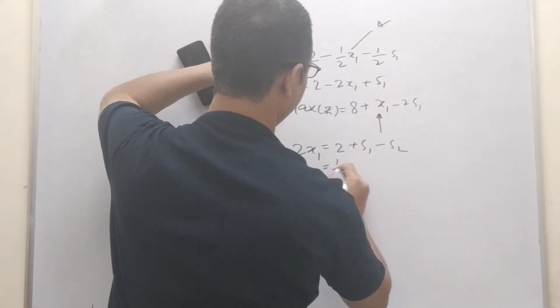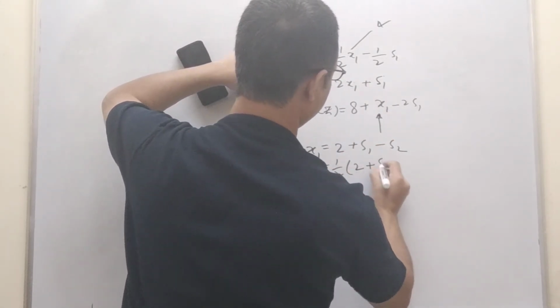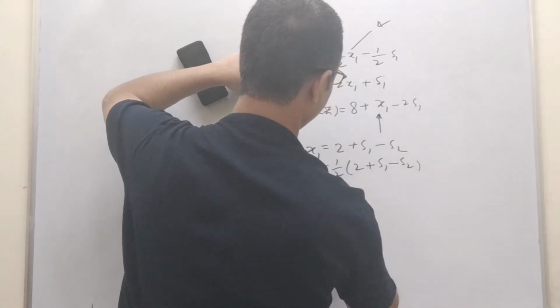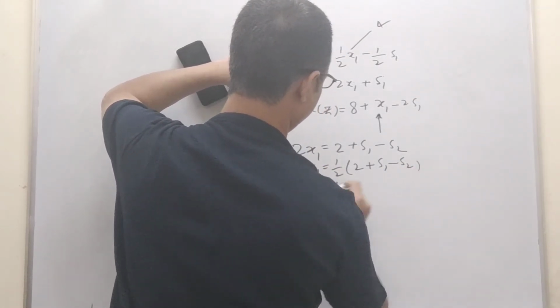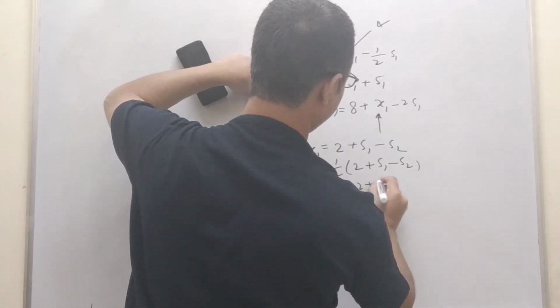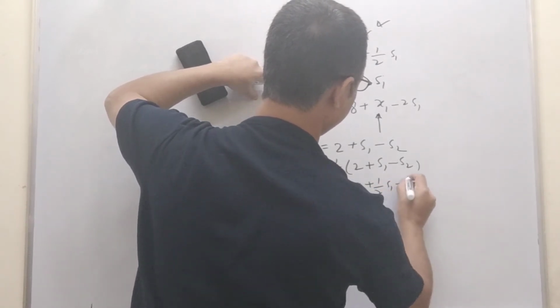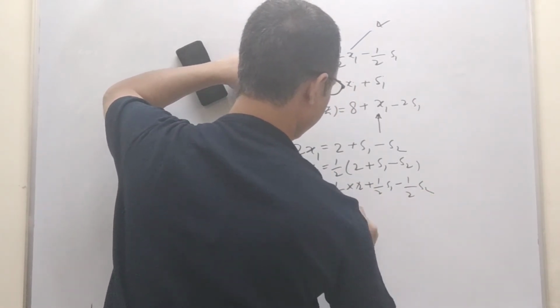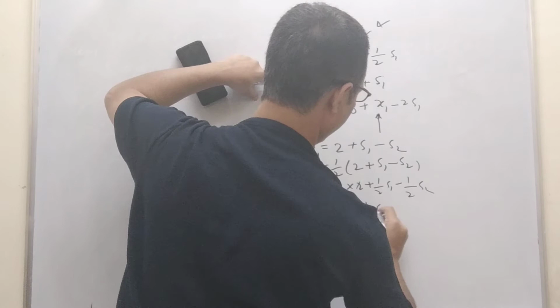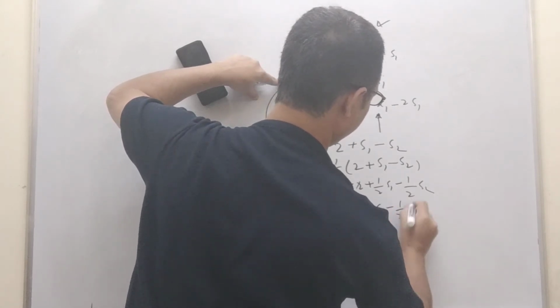So here 1 by 2 into 2 plus s1 minus s2, 1 by 2 into 2 plus 1 by 2 s1 minus 1 by 2 s2. So here is the result: 1 plus 1 by 2 s1 minus 1 by 2 s2.